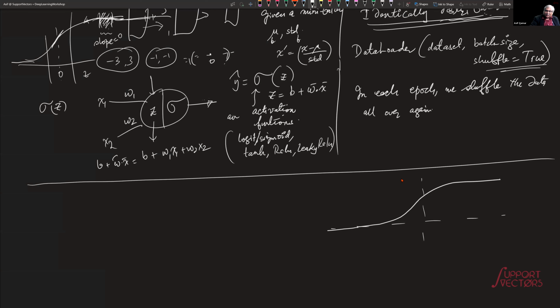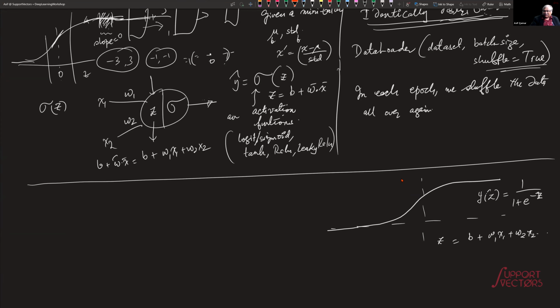So this is your y equal to the sigmoid of x. Or in our terms, let me just use the word z, right? Because it is z. So now what is z? Z is bias plus, for a given node, it is bias plus W1 X1 plus W2 X2, etc., right?